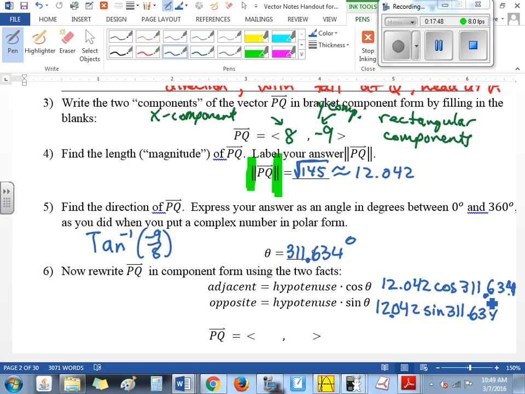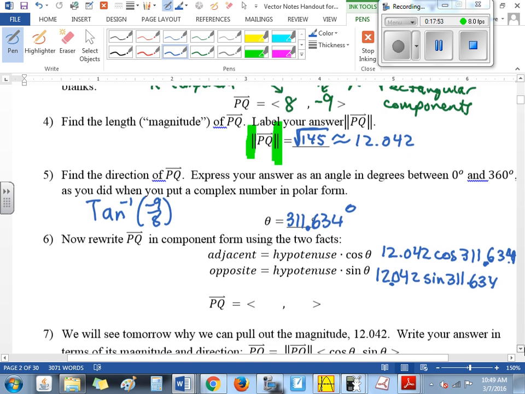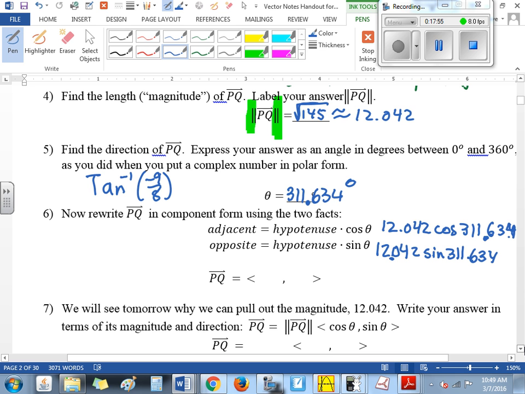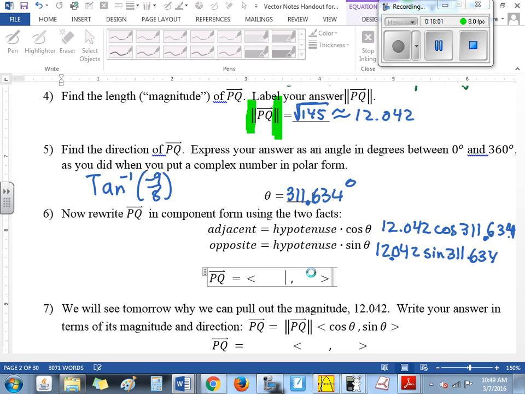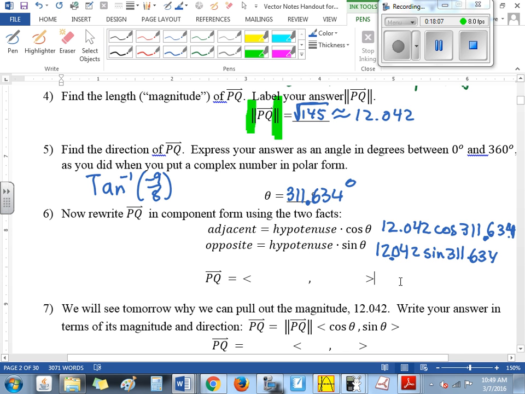In other words, we could actually write our vector like that. I didn't really leave you enough space here. Sorry about that. Mr. Short's going to give himself a little more space. Need to put in those two components in this little bracket, so you'll have to write small or just rewrite it.